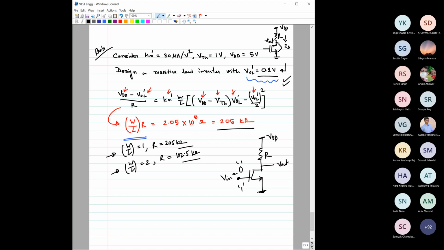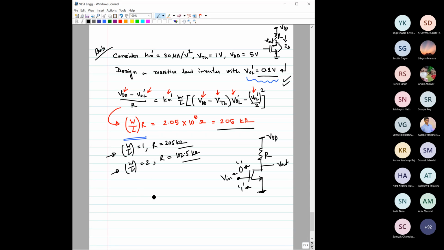And we are considering that 50% of the time this transistor would be given 0 input, meaning logic 0, and 50% of the time the transistor would be given 1 input. Are you with me? So can you repeat, Ayushi?